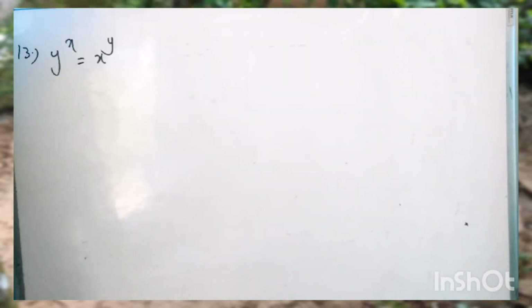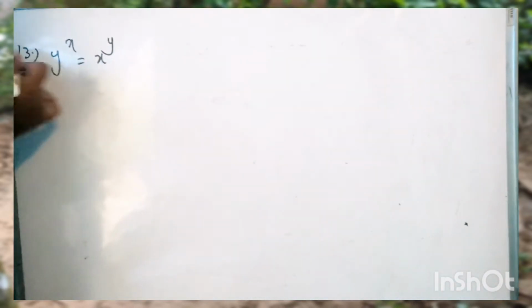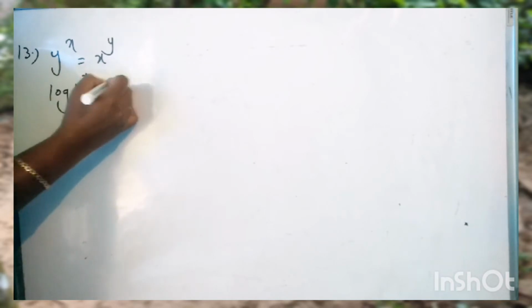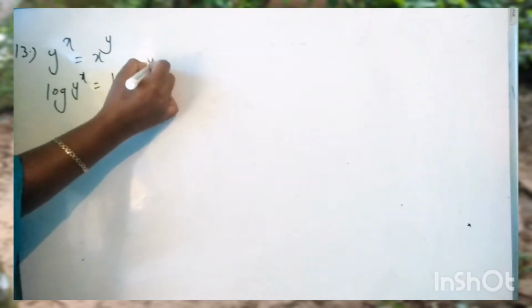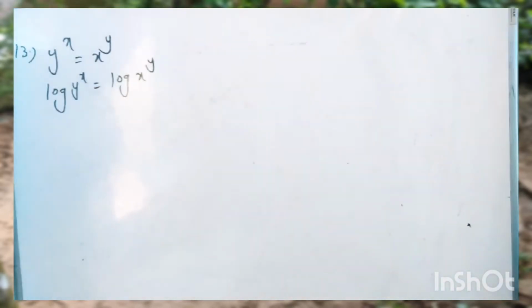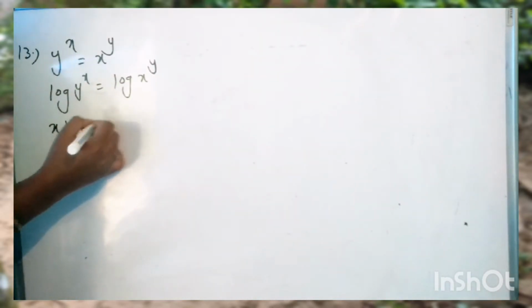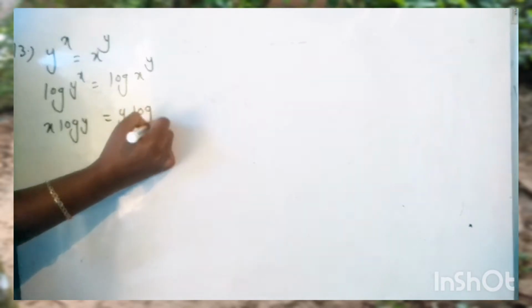Here we can take log on both sides. Then log y raised to x is equal to log x raised to y. And this is x log y is equal to y log x.